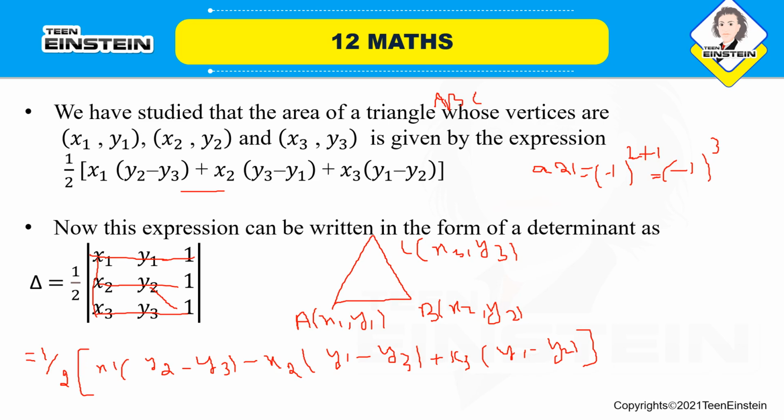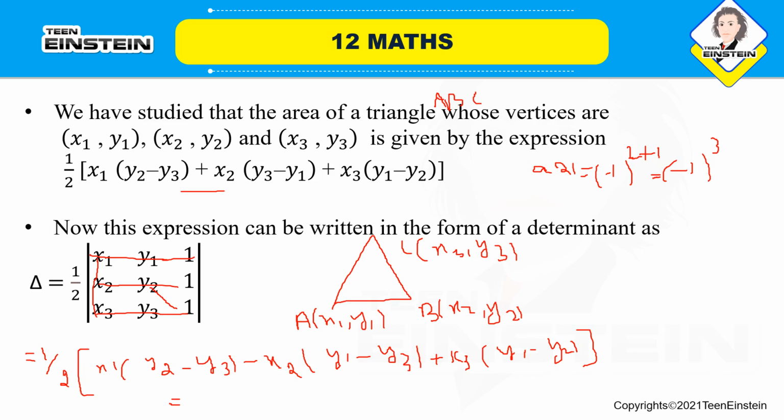Now check whether these two expressions are the same. In the second term, we have plus x2 into y3 minus y1, whereas here we have minus x2 into y1 minus y3. So to get this expression, I have to take the minus sign outside from the second term here.